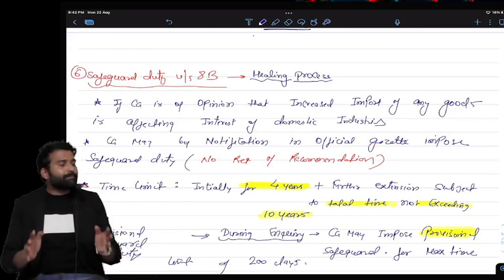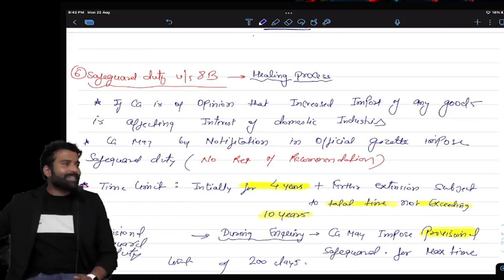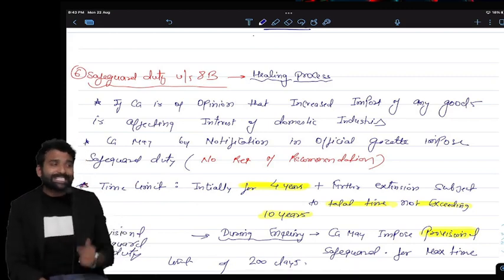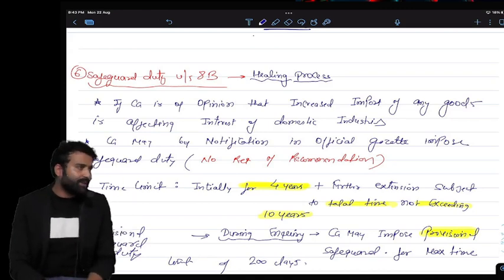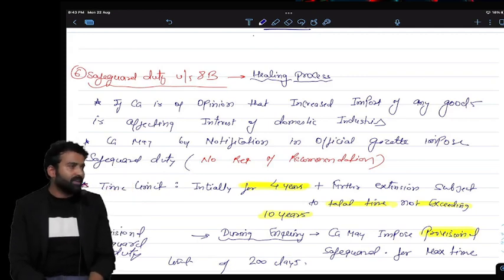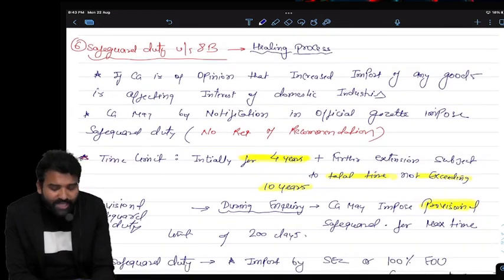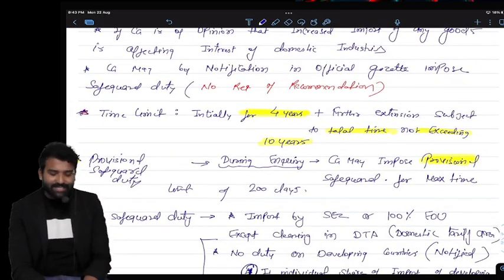The domestic industries are already suffering, and the interest has already been threatened. Now government will impose safeguard duty. So after injury, the government will impose safeguard duty. Before injury, the government will impose protective duty. Once the injury is done, the government can impose safeguard duty for protecting the interest of the domestic industry.